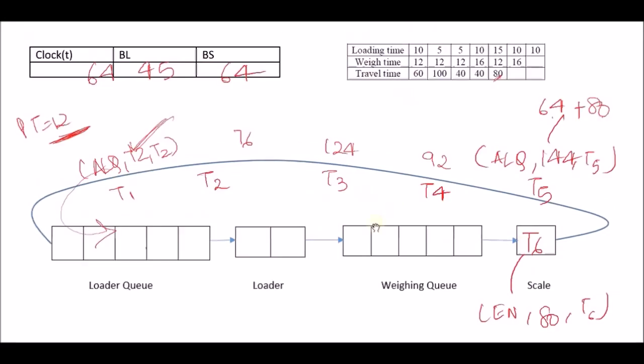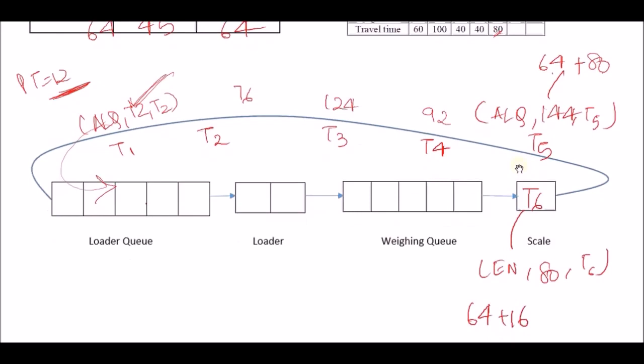To just show you, T2, T3, T4 and T5 are going to remain the same with their time instances as this, and we already have this new event over here, end of weighing of T6, and we calculate 80 as 64 plus 16. 64 is the current time and 16 is the probability distribution that we get.